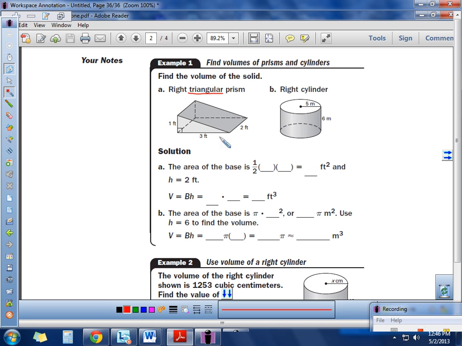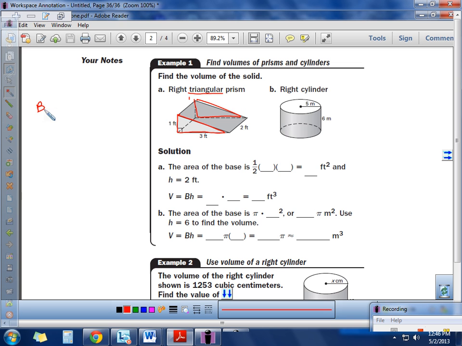However, when we defined the word base, I said it's not always on the bottom. In this case, when it's a prism, you should be able to find these two congruent shapes that are parallel. Those are the bases. If you said rectangle, it should have another rectangle up here, parallel and congruent, but it doesn't. Therefore, it cannot be a rectangular prism. That's definitely a triangular prism, especially since it said it.